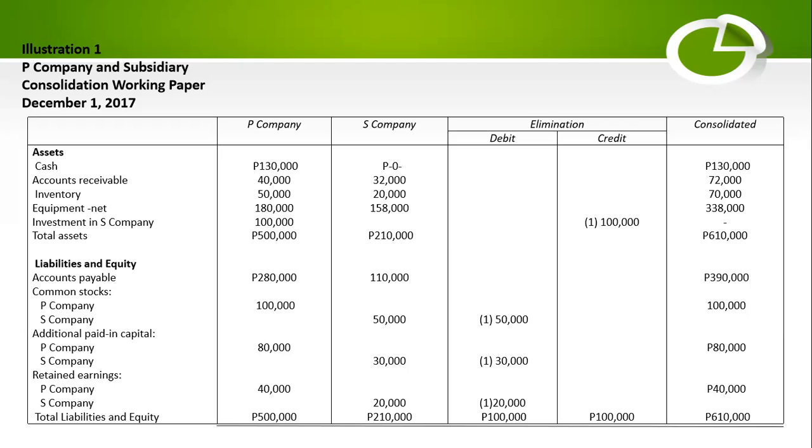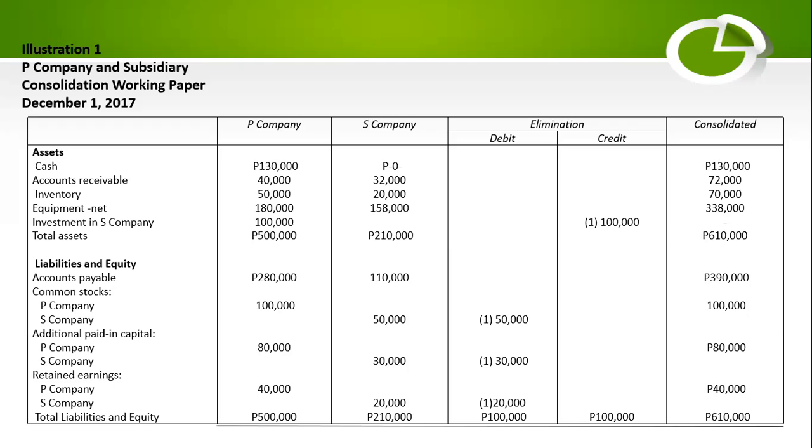For example, P cash, 130,000, and S is zero. So you now get 130,000. Accounts receivable, you also add the two amounts. And take note, the investment in S company being a debit, now you are crediting 100,000. The balance is zero. For the liabilities, we do the same.